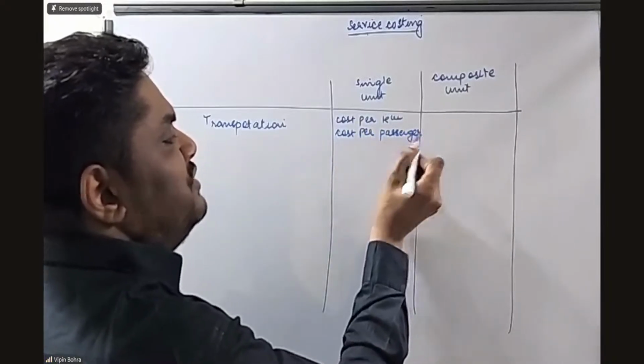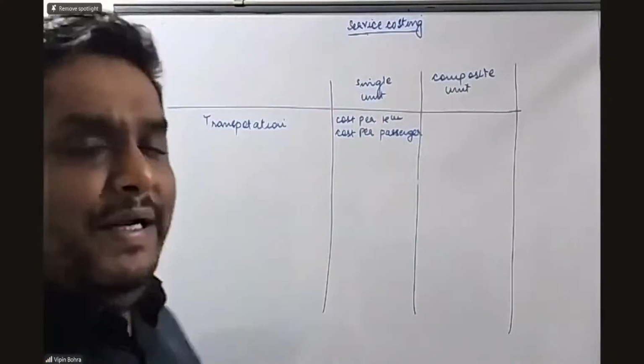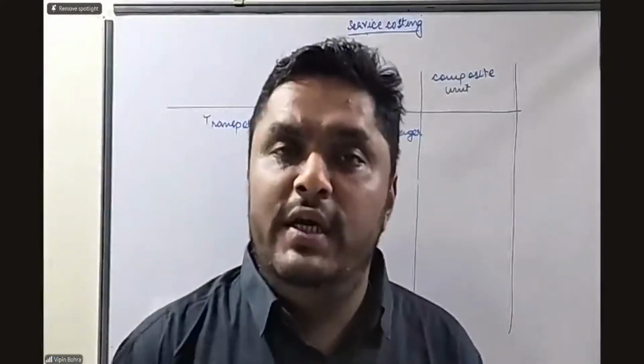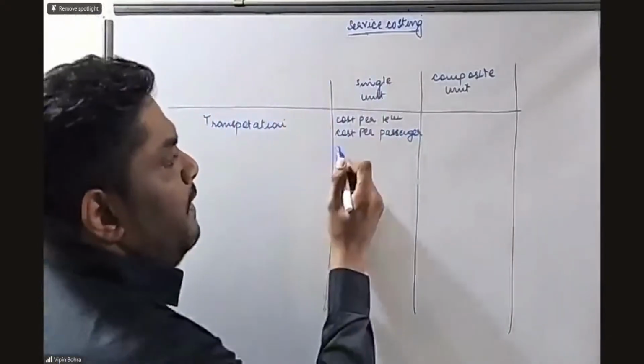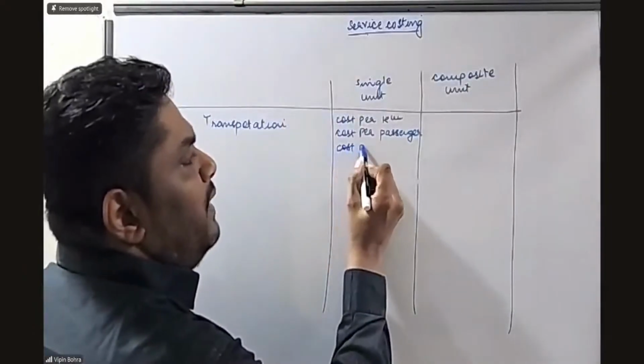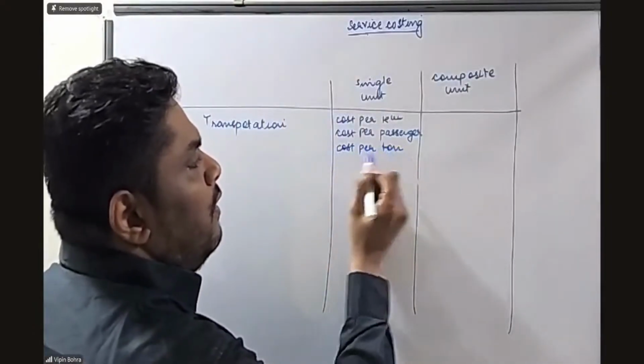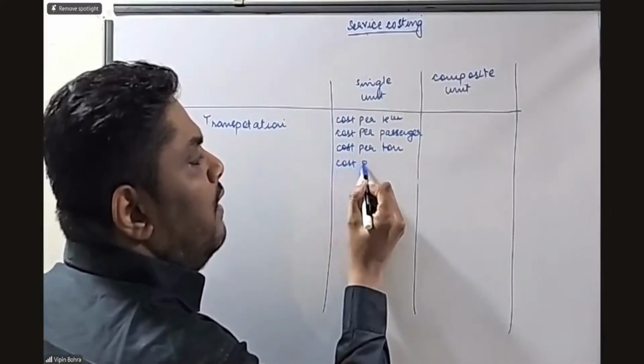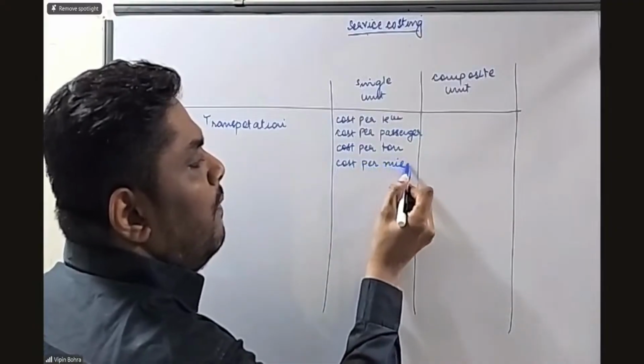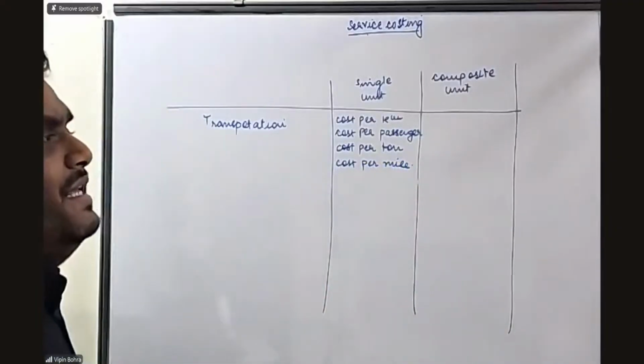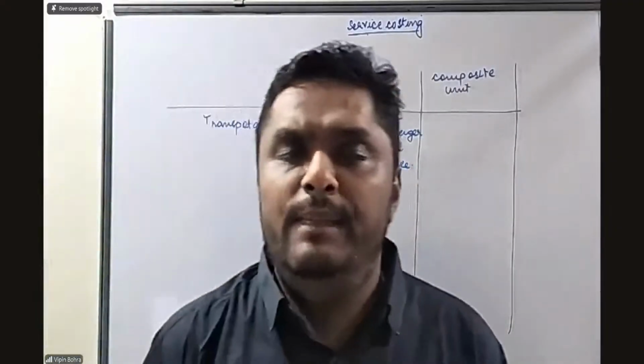When talking about the goods transportation industry, it can be cost per ton, cost per mile. So these are a few examples of single unit.